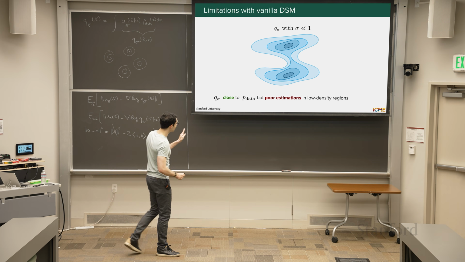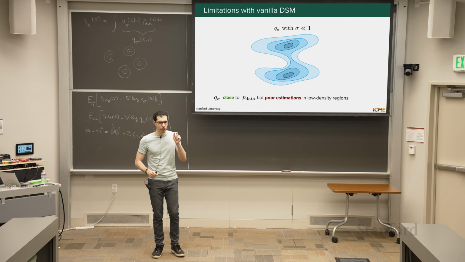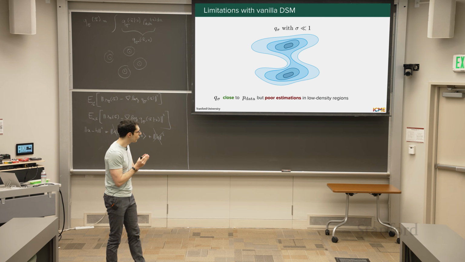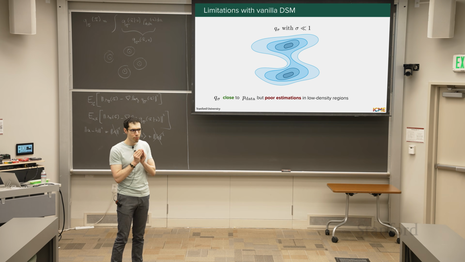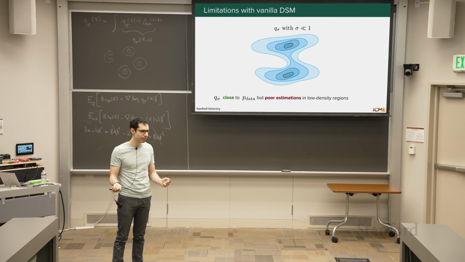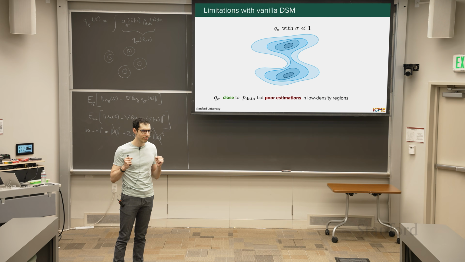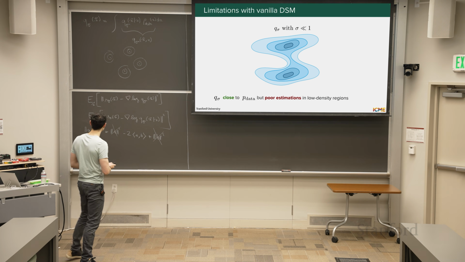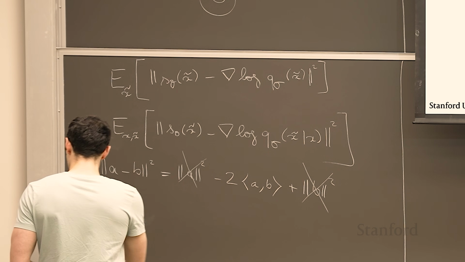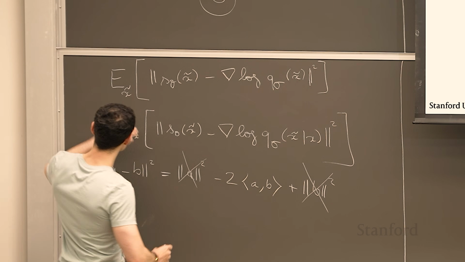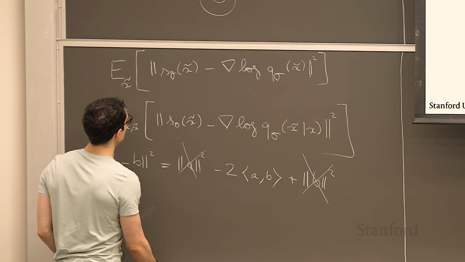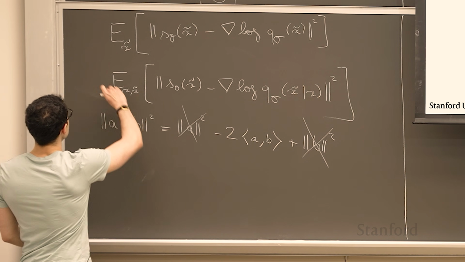The problem is that if we take Q sigma with a very small sigma, then we'll have poor estimations of the score in low density regions. Do you see why? I'm probably going to just explain this. The good thing is it's already there, so I'm going to fall back on the definition of the loss here.